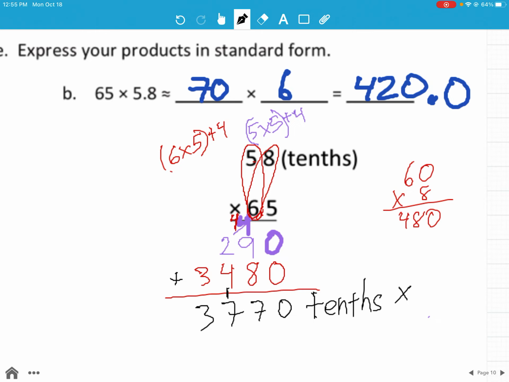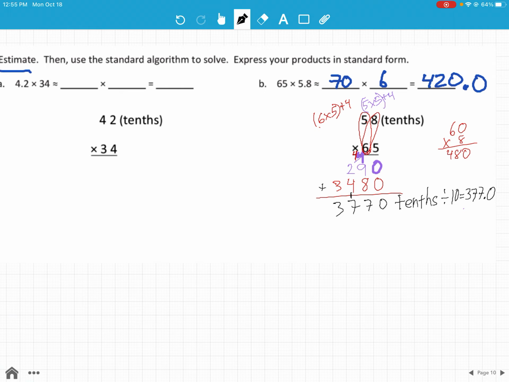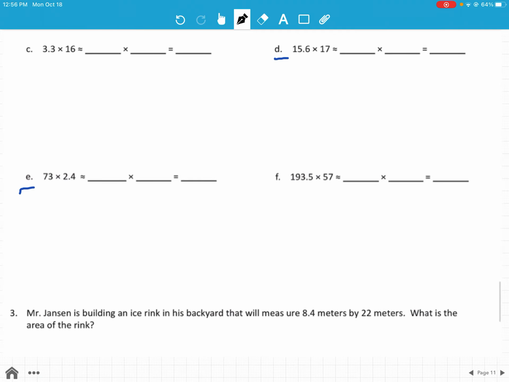So if I want to get this, I'm going to divide it by 10. And that's going to give me 377 and 0 tenths. 377 is close. It's about 43 away from 420, so it's not too bad. So that's my final answer.